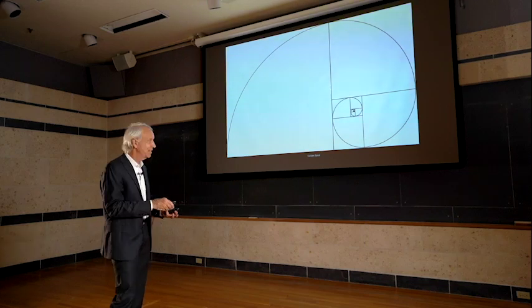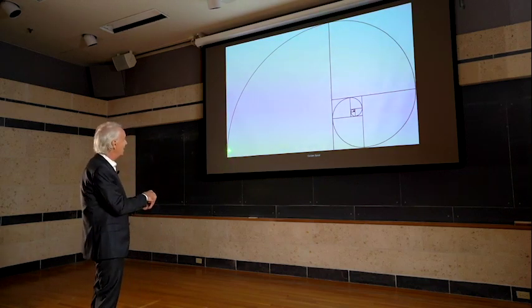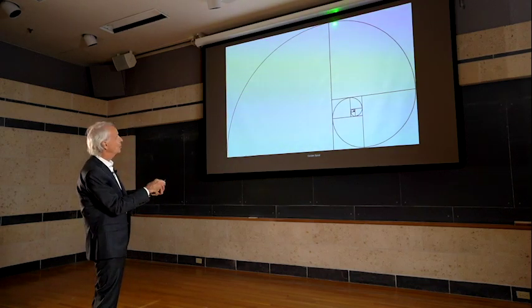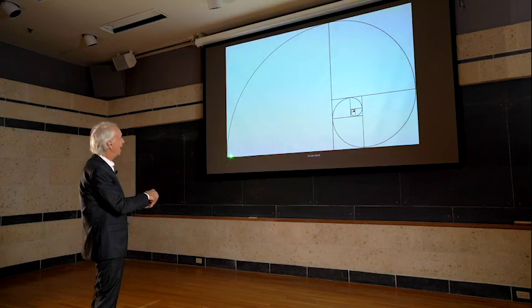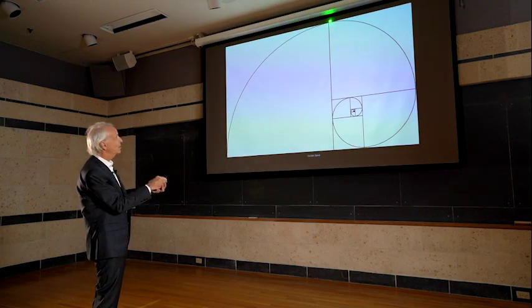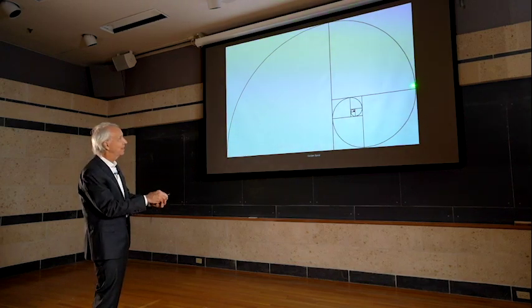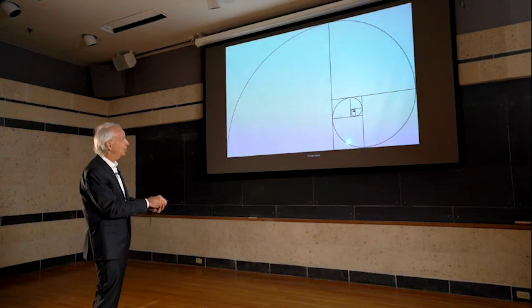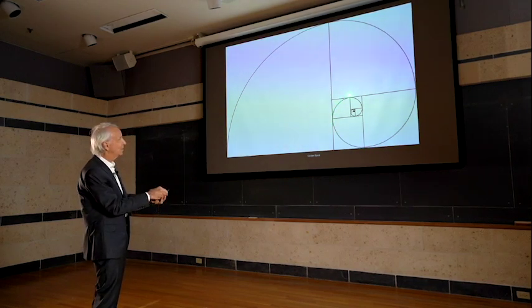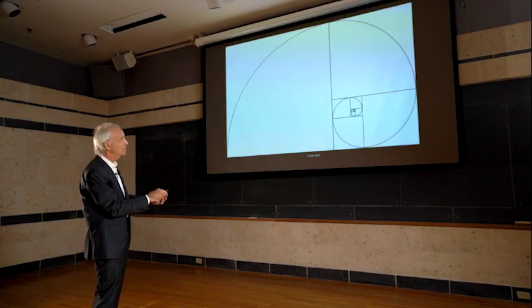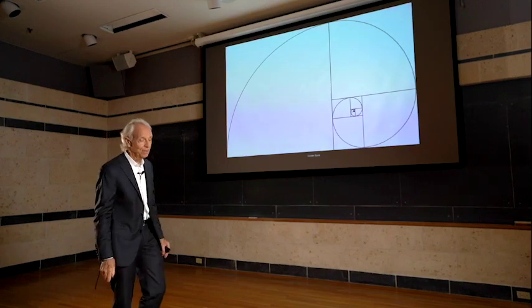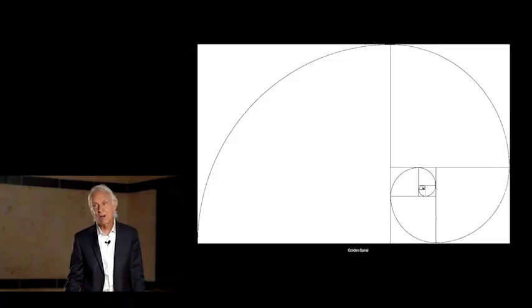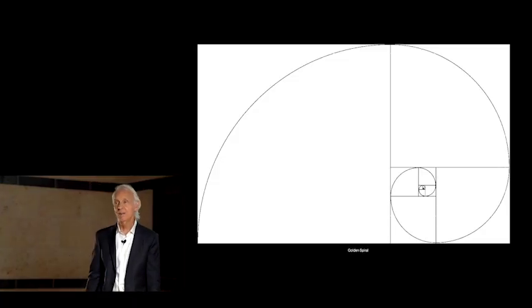But then you can take a segment of a circle, a quarter circle, and you can put that in each of those squares like that. And you get what's called a golden spiral, like this. This beautiful golden spiral. Now that golden spiral is everywhere in nature. The inside of Cape Cod in Massachusetts is a golden spiral.